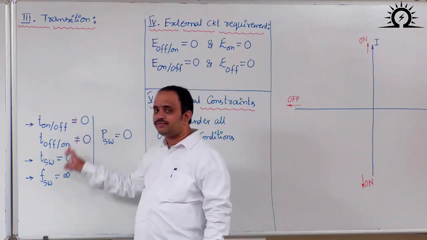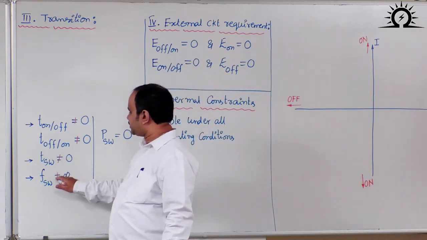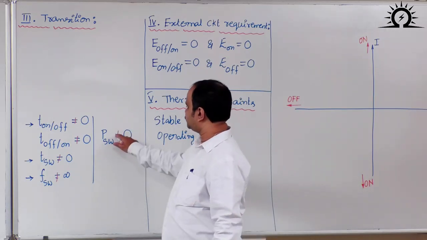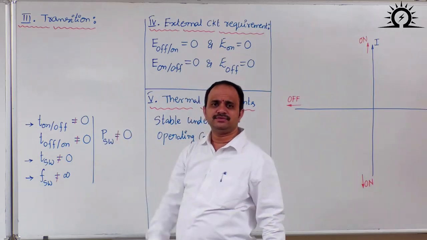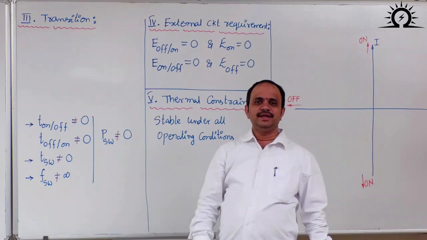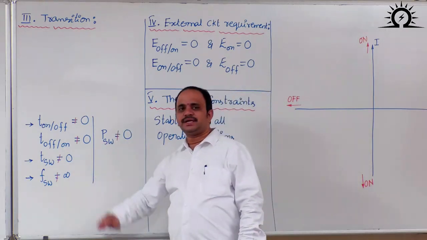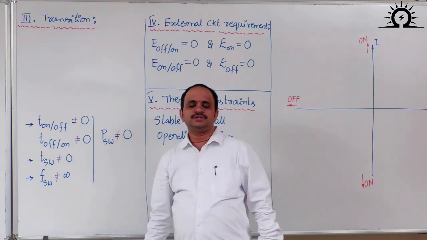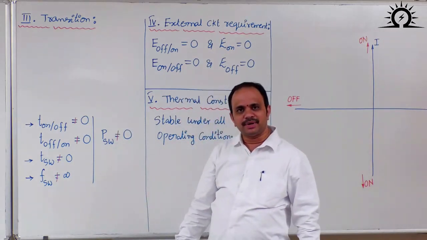It will take a finite amount of time. Therefore, there is some limitation on switching times, switching frequency and switching losses. These values are finite. So the modification from ideal to real condition is that the transition times are non-zero values. Due to that, the switch operation will contribute some amount of switching power loss.